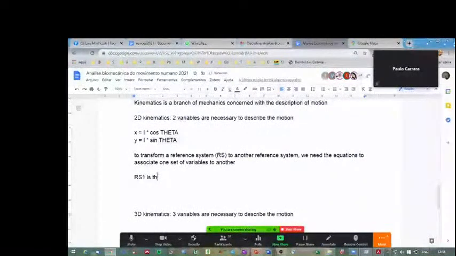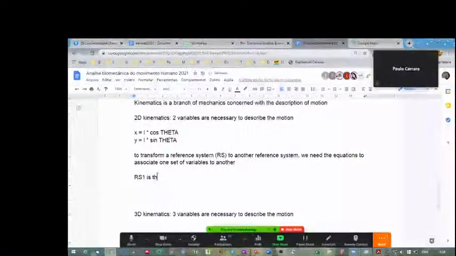If you think of something in space, for example, this glass sphere here, you can see it or you cannot. Sometimes you see, sometimes you don't. But if you have an object, you need 3 coordinates in space to define it. You need 3 variables in space, and also you need to describe the motion.